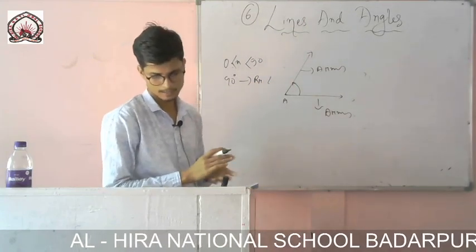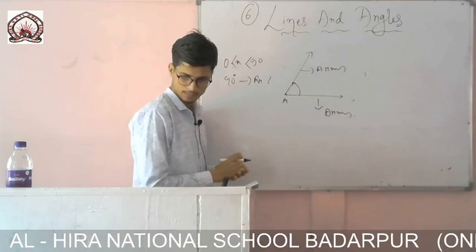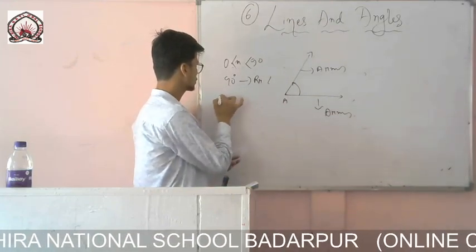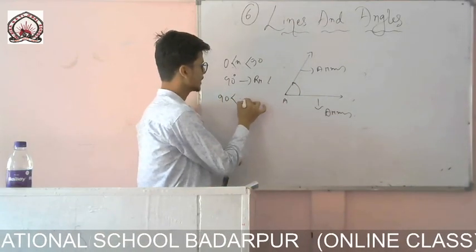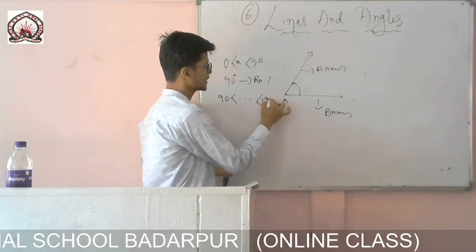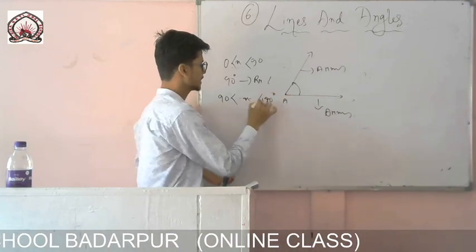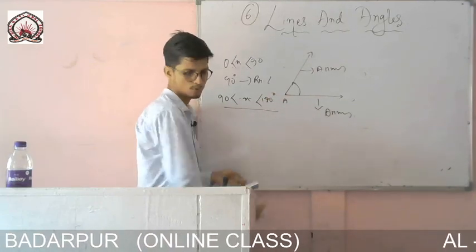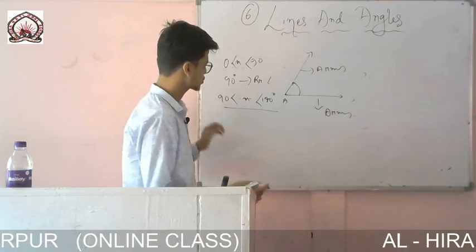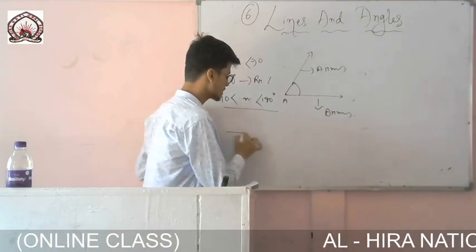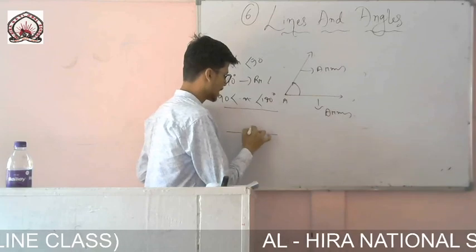Then another one, it is obtuse. For obtuse, it will be more than 90 but less than 180. This one is obtuse. Then comes a straight angle. For a straight angle, it will be exactly 180 degree.